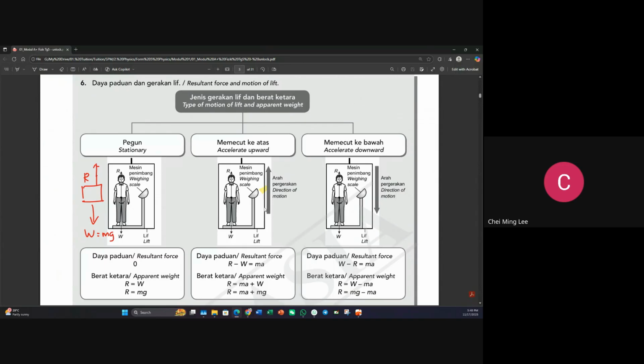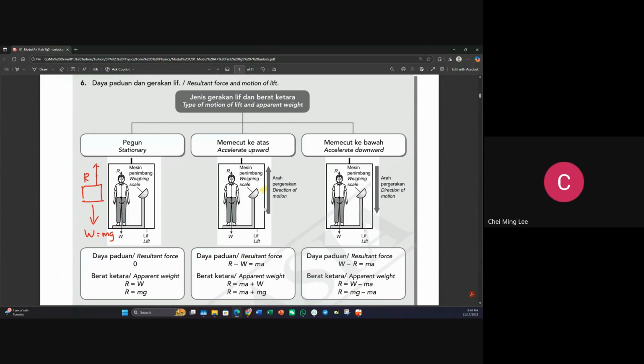Remember many years ago, before Genting Highlands redecorated its outdoor and indoor theme park, there was what we call the bubble jump machine.